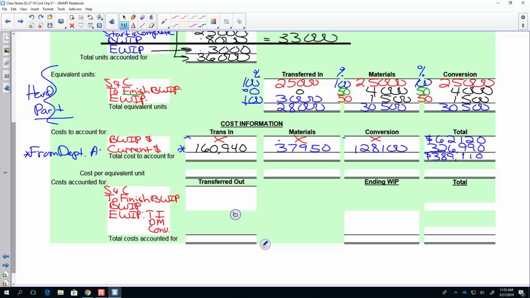I'm not going to do a subtotal here. Kind of foolish too. So I'm just going to divide by the equivalent units to get a cost per equivalent unit.